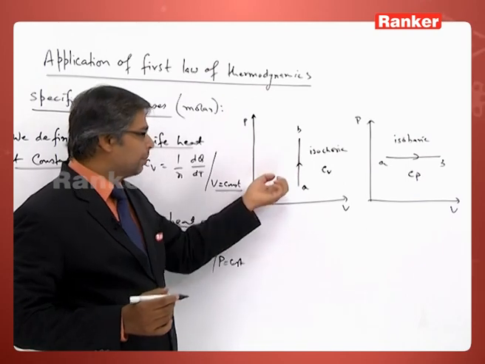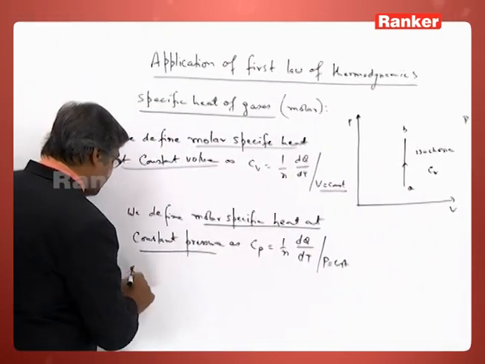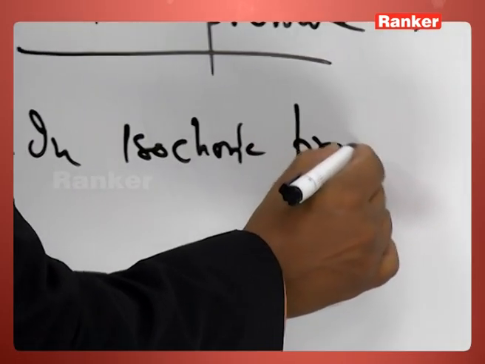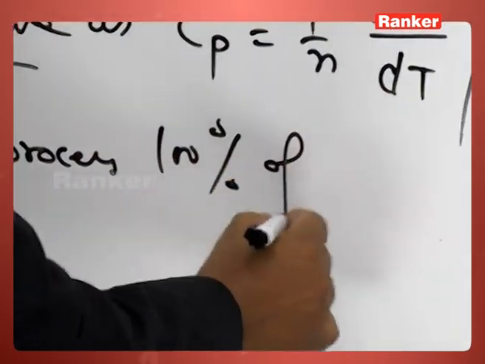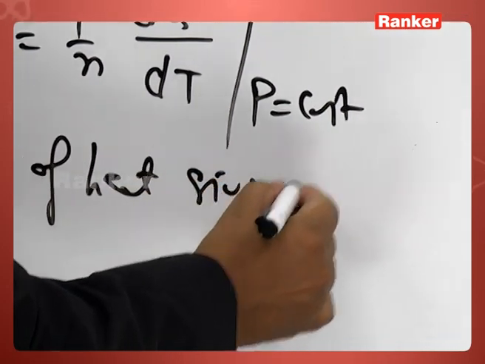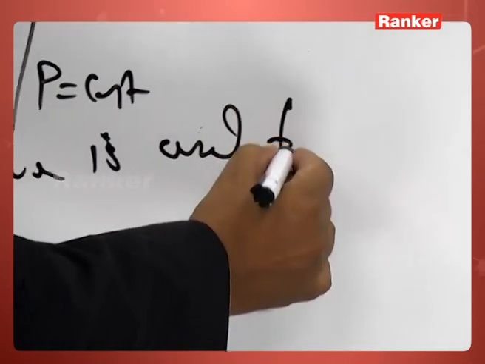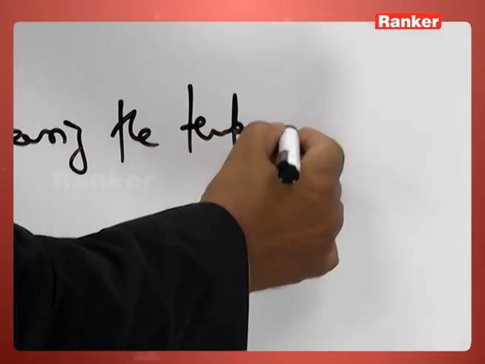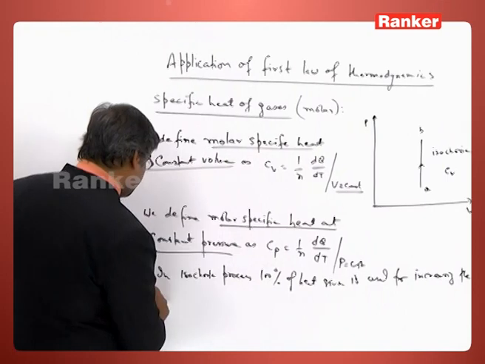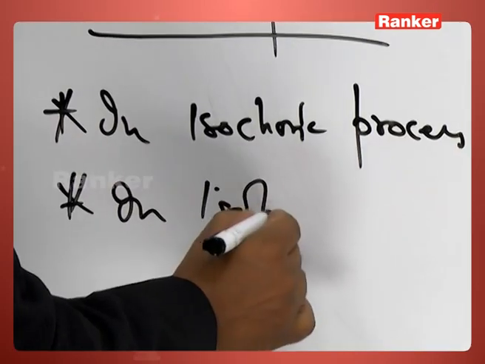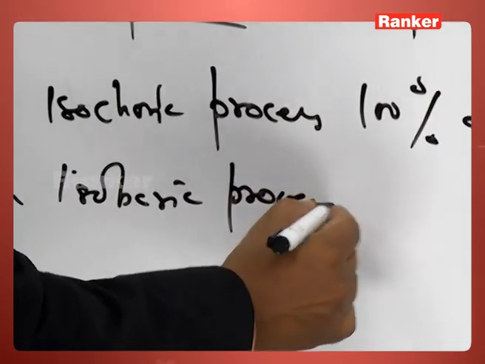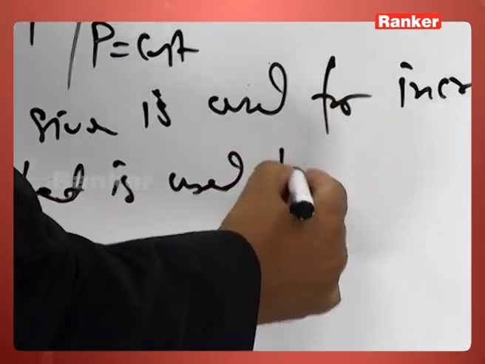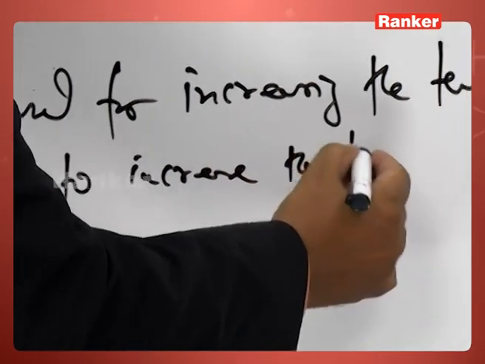Important point: in an isochoric process, 100% of the heat given is used for increasing the temperature, whereas in an isobaric process, only a fraction of the heat is used to increase the temperature.